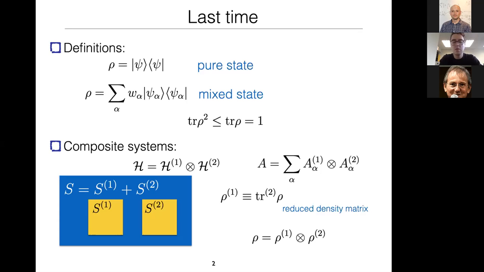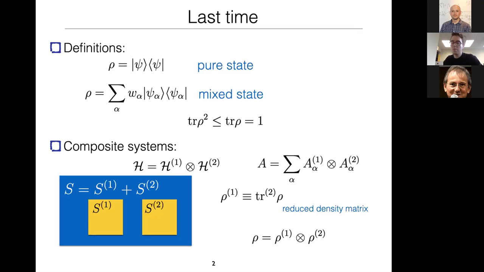On this slide, rho 1 is equal to the partial trace over the second subsystem, or the trace of rho over the second subsystem. This object is called the reduced density matrix, and formally, it gives you a complete characterization of the statistics of that subsystem.